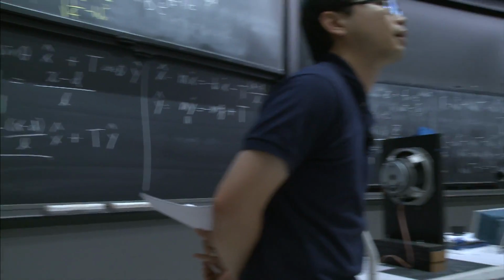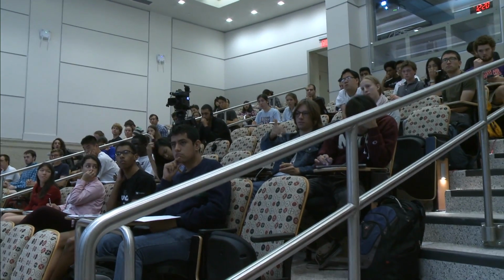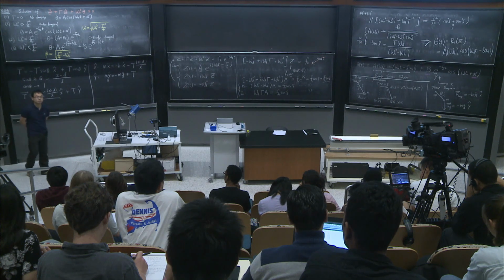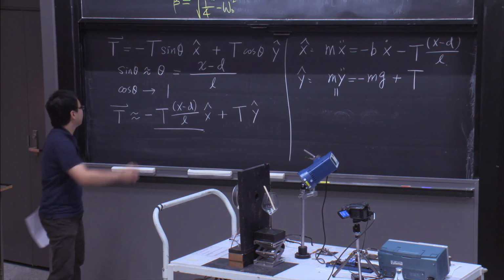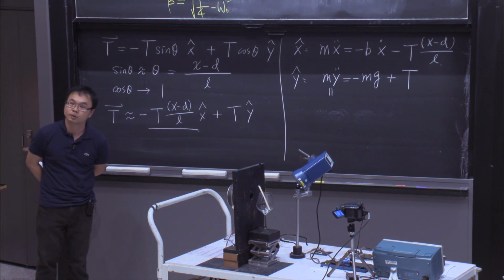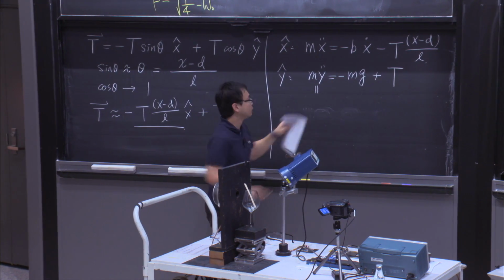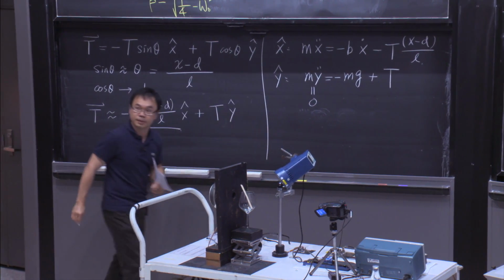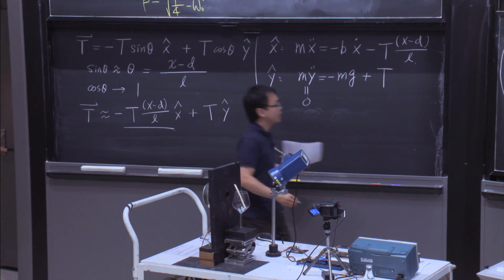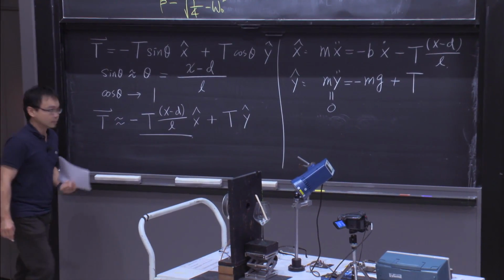Why did we use the small angle approximation if for sine theta we're going to use (x minus d) over L, which represents sine, instead of just theta? Yeah, so actually in this case, they happen to be exactly the same. And what I care about is actually the cosine theta. Otherwise, I will have to deal with cosine theta. And also, this y double dot will not be equal to 0, right? Which is what I'm going to assume here. Okay, good question. So the question was, why do I need to take the approximation? Because I want to get rid of cosine theta.